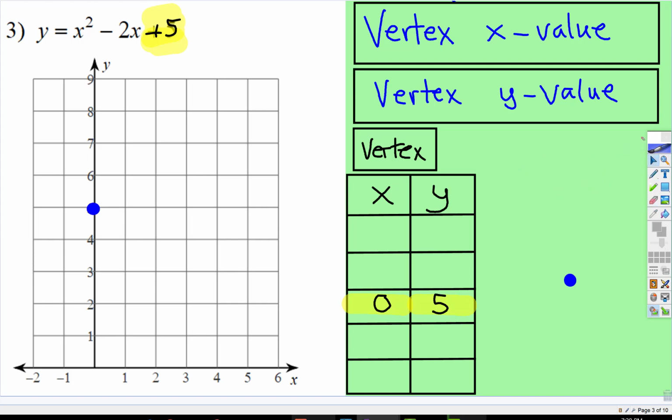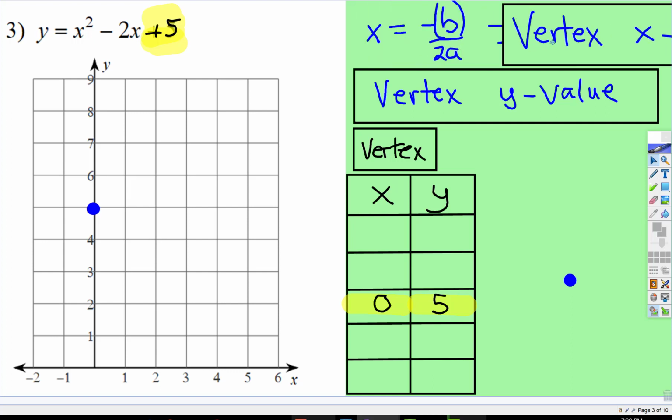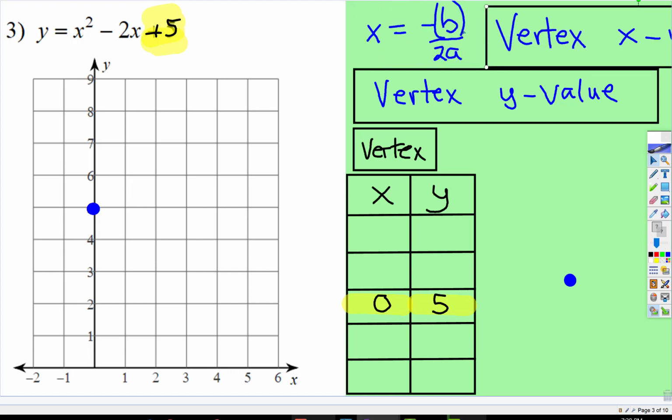Well, to find the x value of the vertex, all you do is take the opposite. When the quadratic is in standard form like this, there's your a value, -2 is your b value, 5 is your c value.